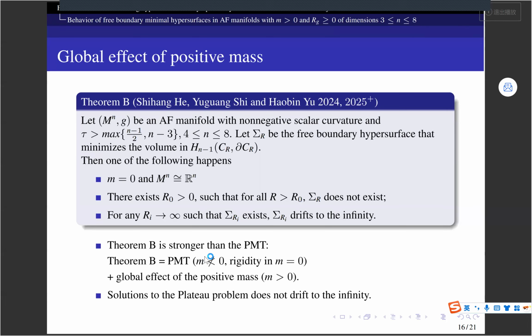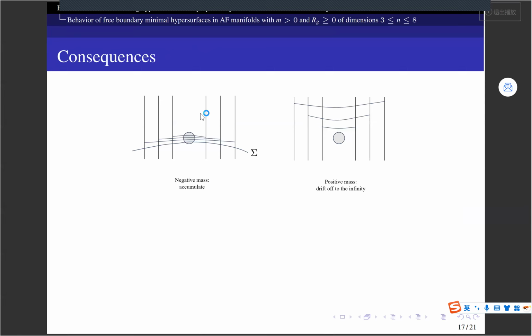Indeed, you can deduce the positive mass theorem from Theorem B, since if the positive mass theorem does not hold, then you have a negative mass, and you have a two standard hyperplane barrier that forces the solutions of the free boundary minimal hypersurface to accumulate.